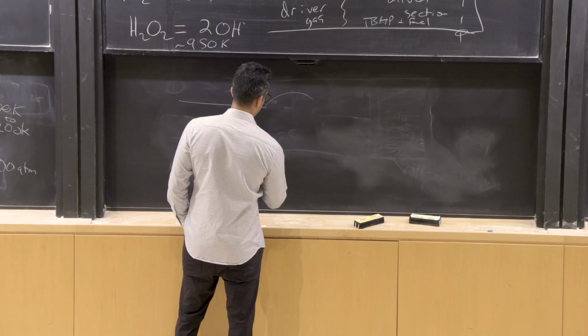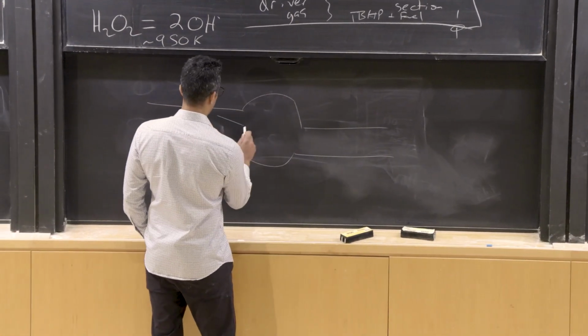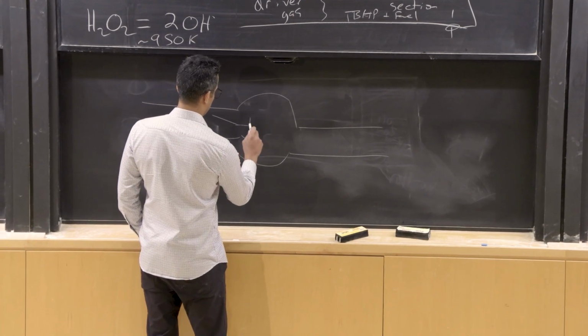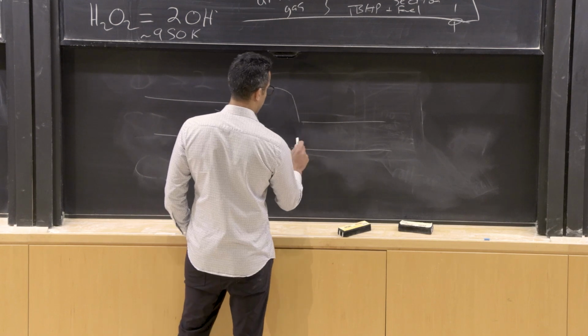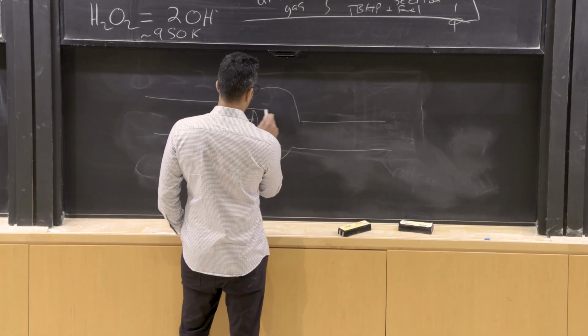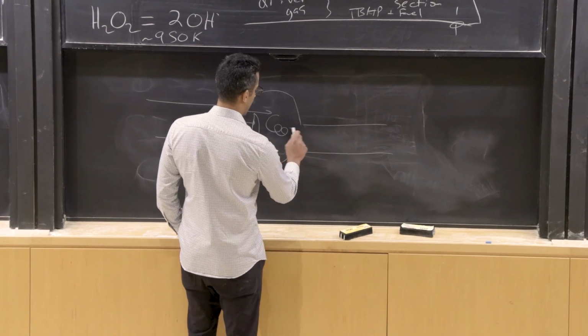So this is your reactor. This is the inlet. Let's say that's the inlet. So your reactant gas comes here. This is your exhaust. So your gases are coming in here. They're mixing, they're reacting, and they're going out.